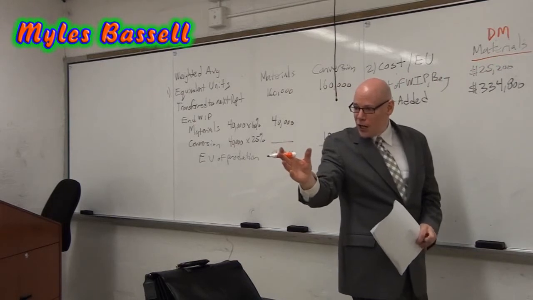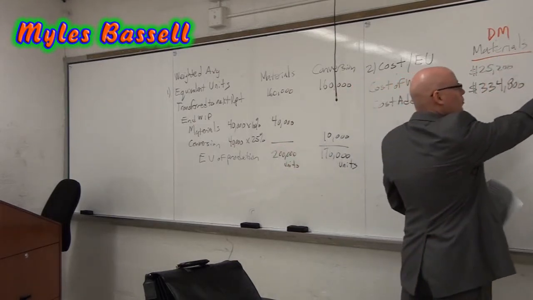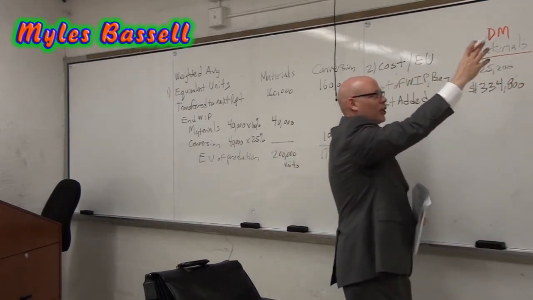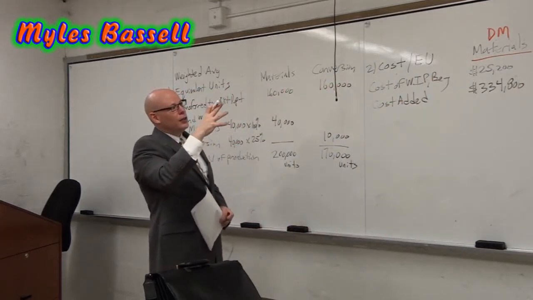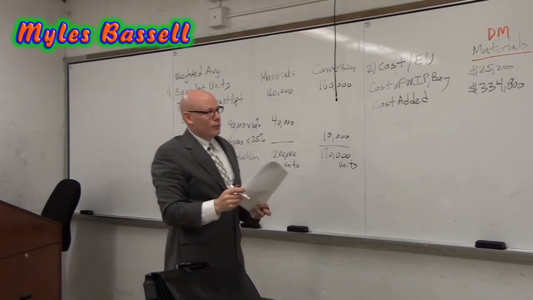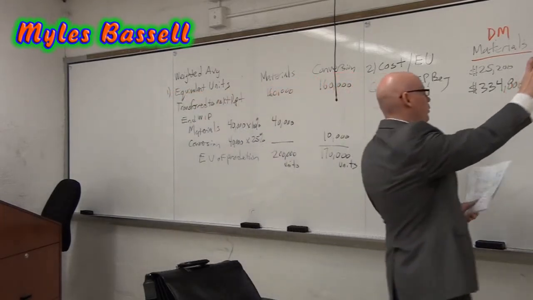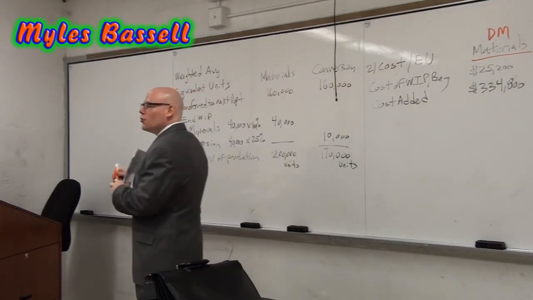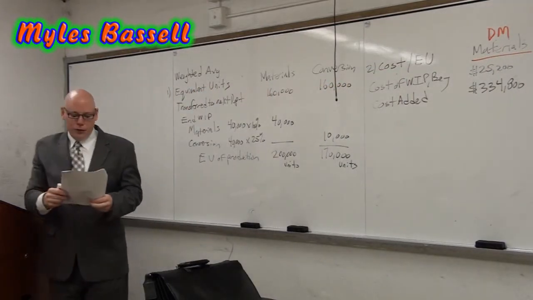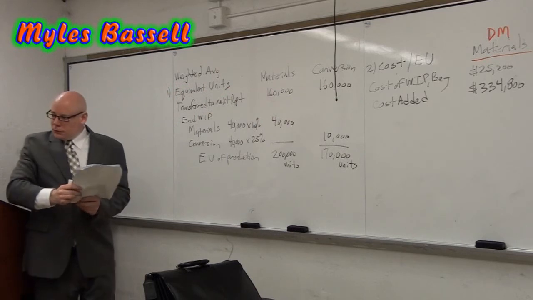We're still focusing on that, but we're going to combine direct labor and manufacturing overhead and focus on conversion. If you want, you could show it separately, but really what we're focusing on is what does it cost to convert the materials.